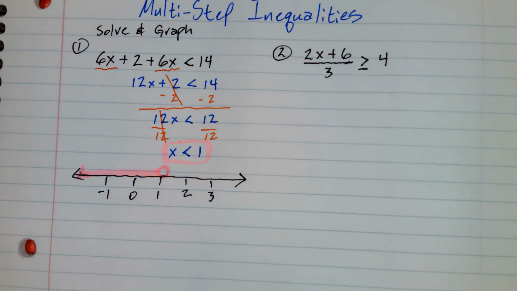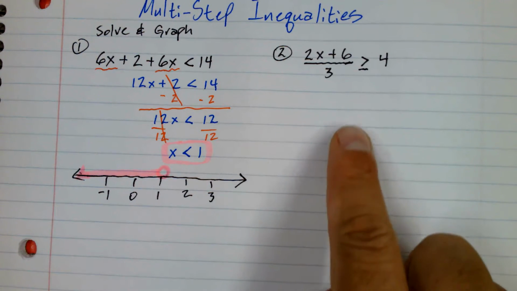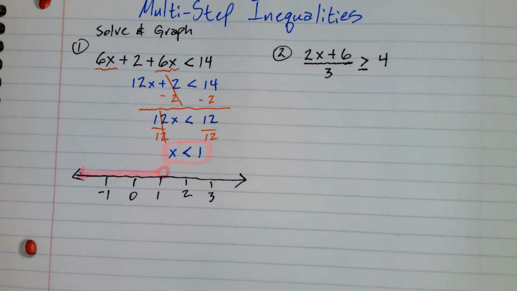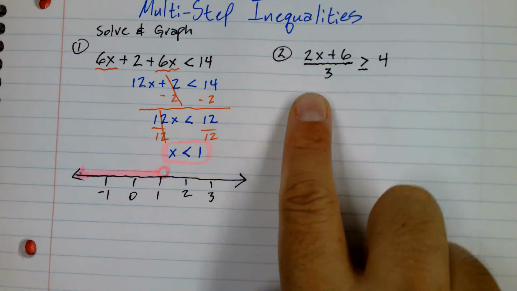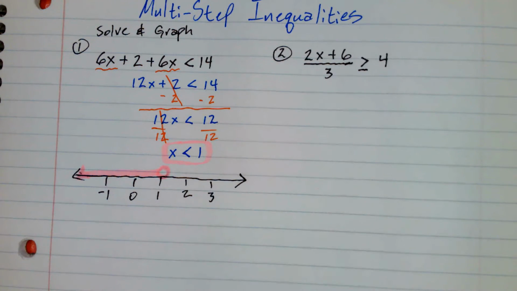Go ahead and write that down. 2x plus 6, all of that divided by 3 is greater than or equal to 4. Okay? Multi-step inequality, more than just 2 steps. Now, we want to pick away at this so that we isolate the x in our inequality.